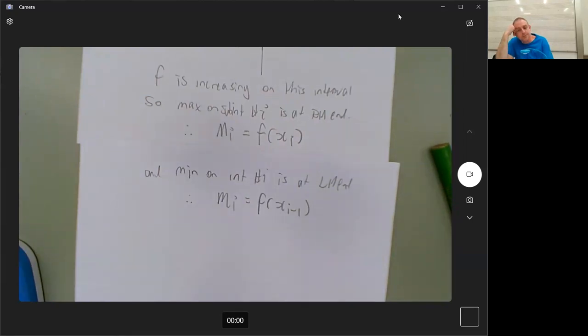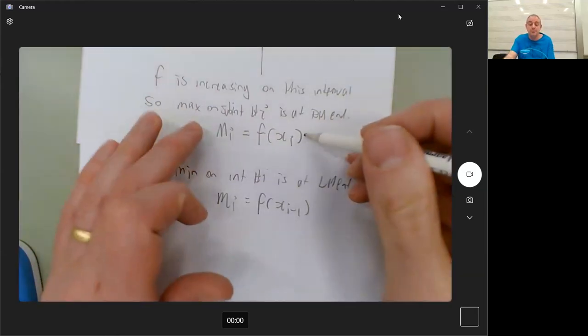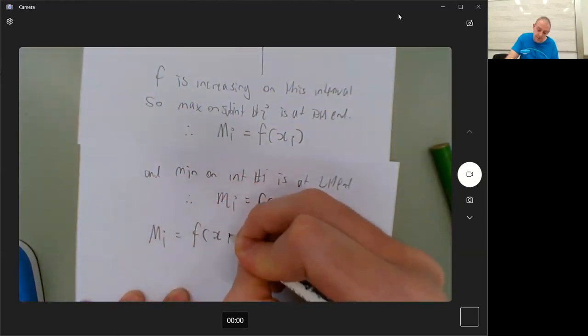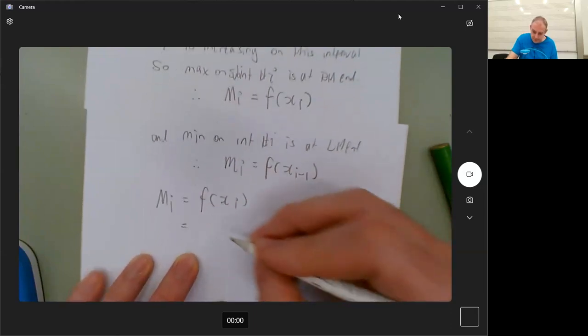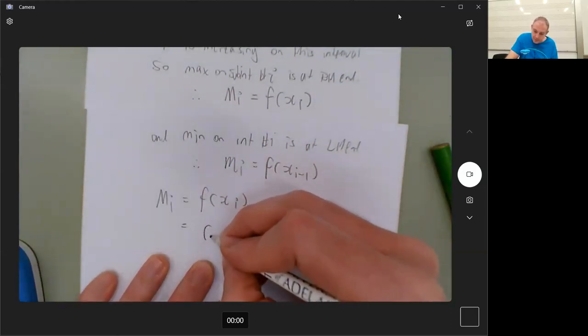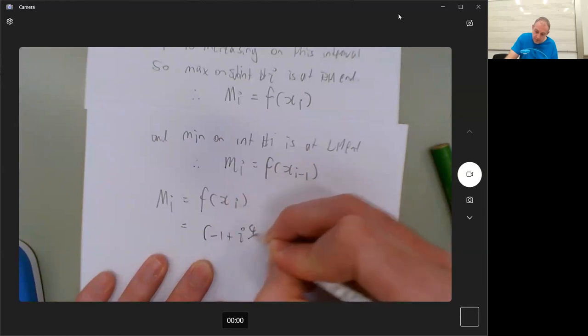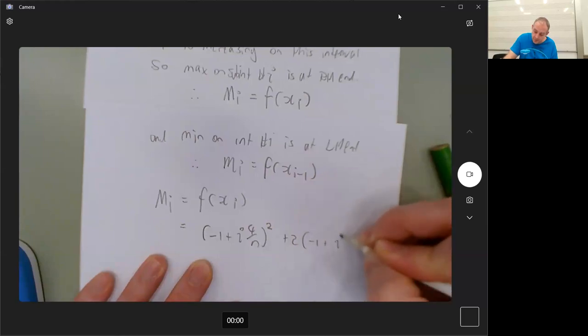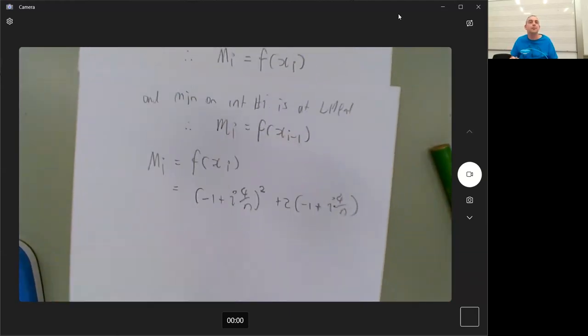Cool. So I have now figured out where the maximum and minimum are. I'm going to only figure out the actual function value for this one. So capital Mi is f of x sub i, which is x squared, so -1 plus i times 4 on n, that's what x sub i is, squared, plus 2 times that, that's the function value, which sucks royally, but there we go.